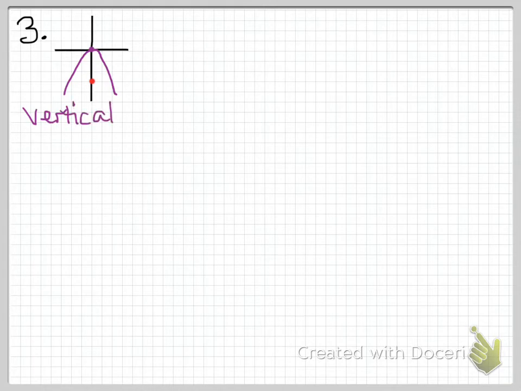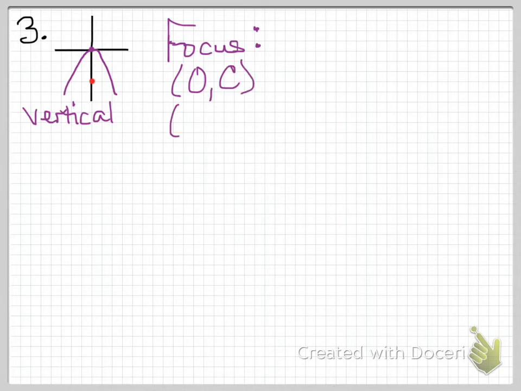Vertical parabolas means I have my change in the y part of my coordinate pair. So my focus is going to be (0, c). And my focus is 0, -3. Therefore, c is equal to -3.